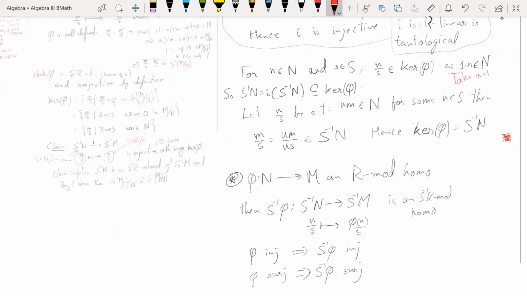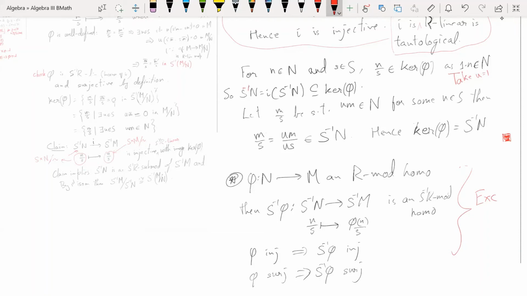Okay, so maybe I'll put this as an exercise, or maybe a homework. I'll think about it. The proof is similar to what we did. So there is a basic check. So maybe exercise, not homework. No trickery here. So this is the natural map. You can show that if phi is injective, S inverse phi is injective.